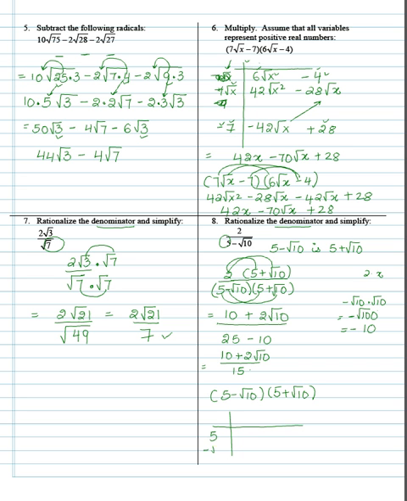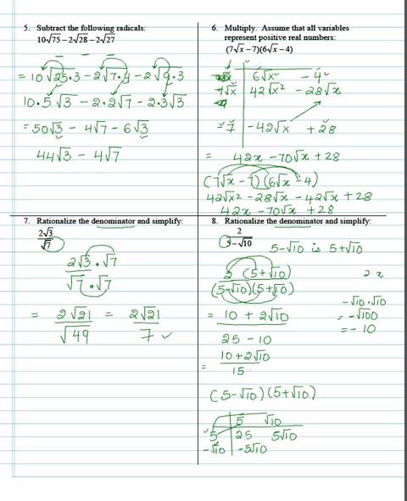5 minus radical 10, 5 plus radical 10. So I write one parenthesis here and one parenthesis here. 5 times 5 is 25. 5 times radical 10 is 5 radical 10. Negative radical 10 times 5 is negative 5 radical 10.